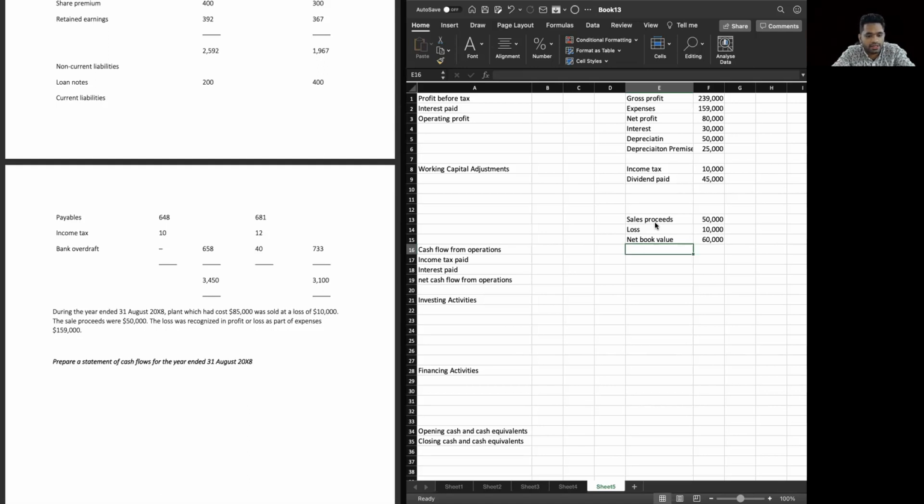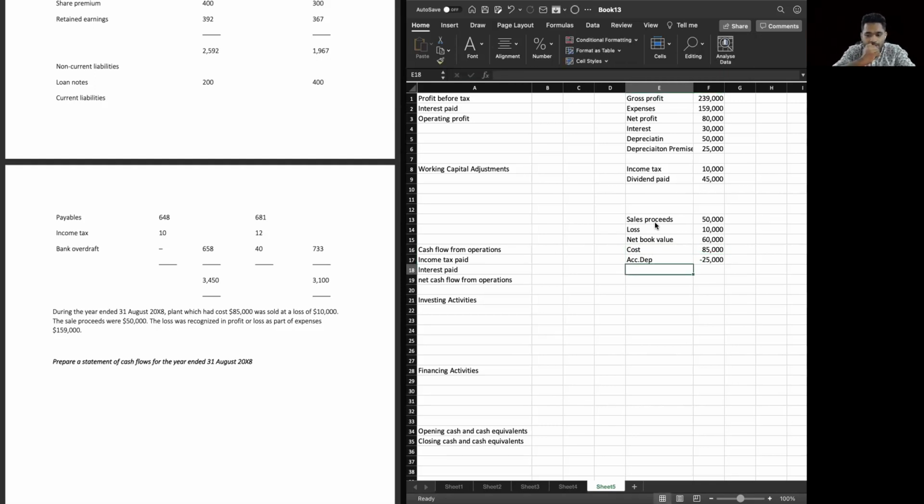The loss was recognized in profit or loss as a part of your expenses. Now the cost of this asset was supposed to be 85,000. So your accumulated depreciation on this asset to have a net book value of 60,000 should have been 85 minus 60, which is 25,000.